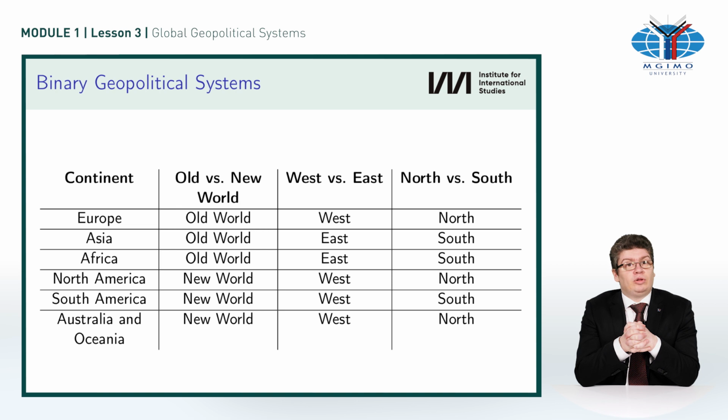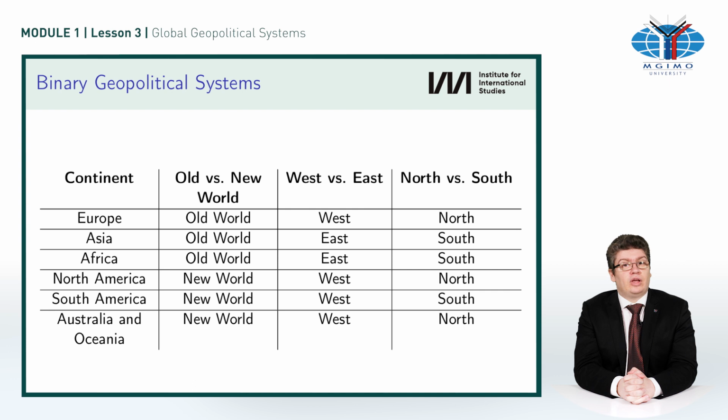The last example of binary geopolitical system, the North versus the South, is the divide into developed states in Europe, North America, and Australia, and developing ones in Asia, Africa, and South America. The older interpretation refers to the division into exploiters and exploited nations.